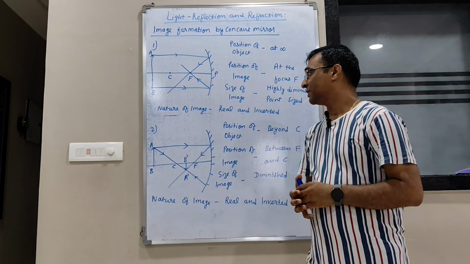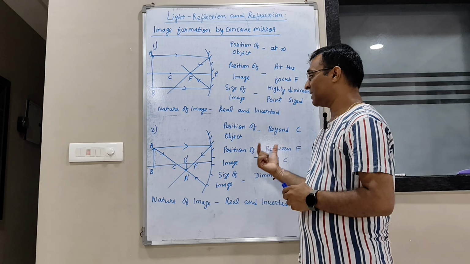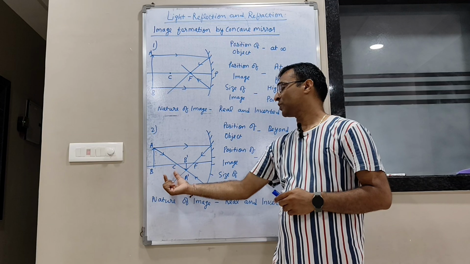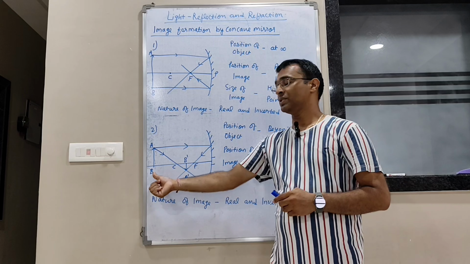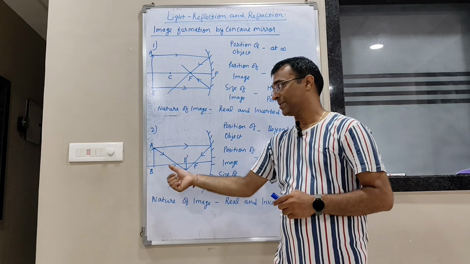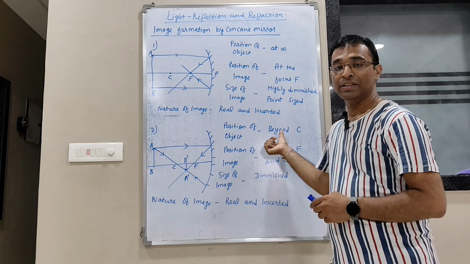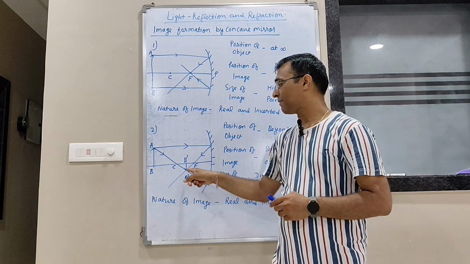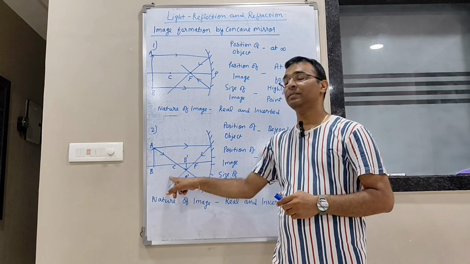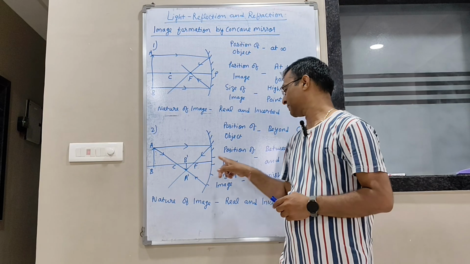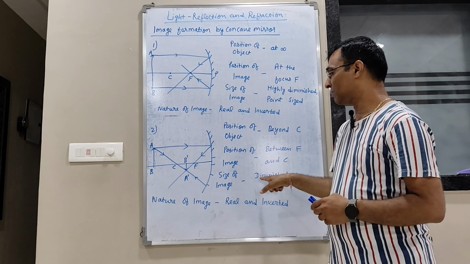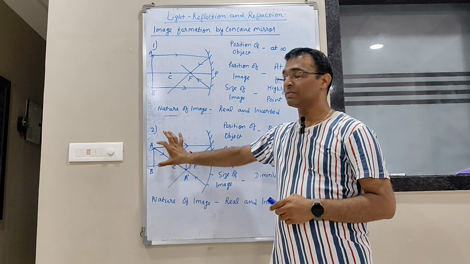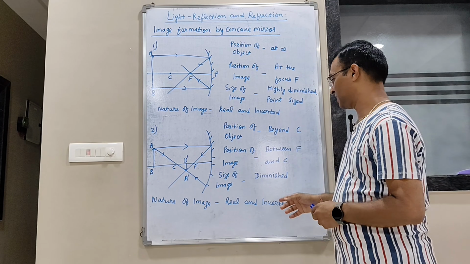Second case, when the object is placed beyond C, A and B, beyond C, the image formed will be between focus and center of curvature. The size of the image will be smaller than the size of the object, which is diminished.